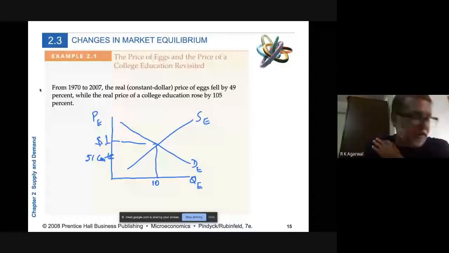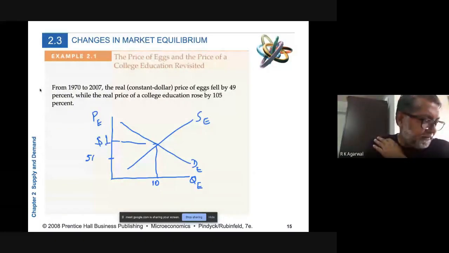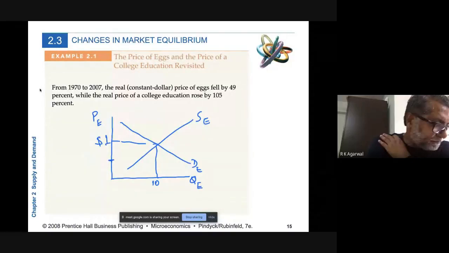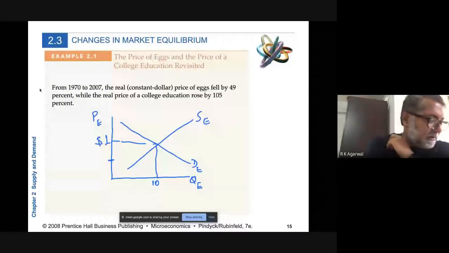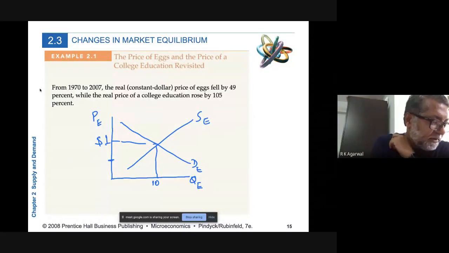Now this 51 cents is the new price here. For this, what must have happened? Supply must have gone up manyfold.